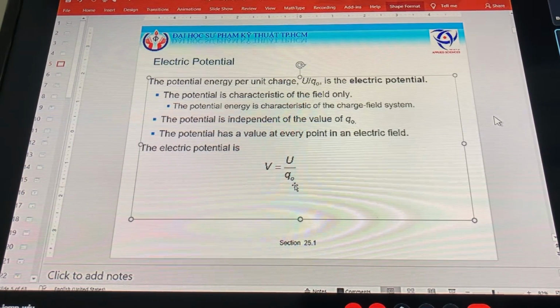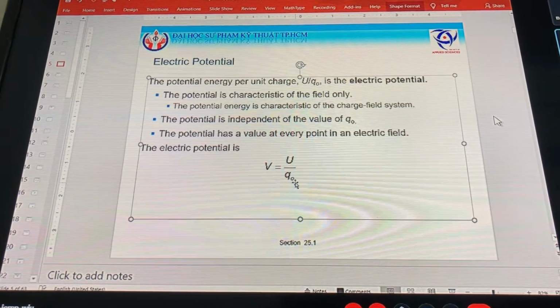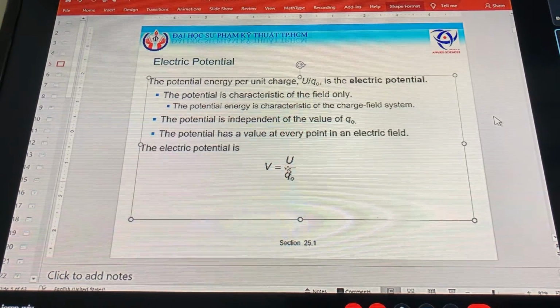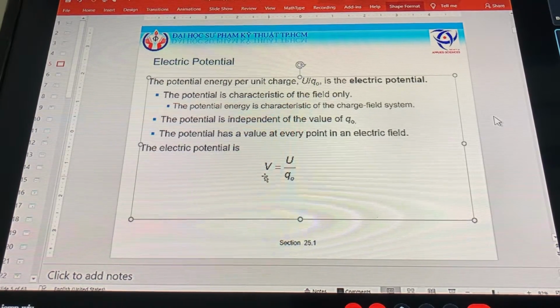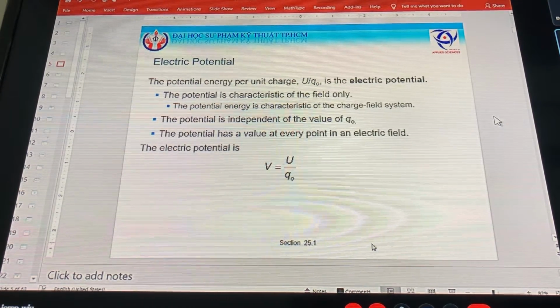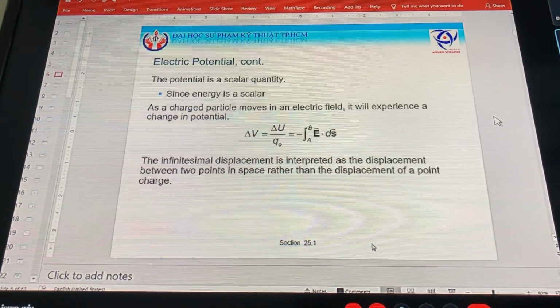So when you have a test charge, you put it in the field. The test charge and the field will have the potential energy of U. Then when you divide the U with the test charge itself, you get the V. Okay, this is only the definition. We can use that later and you can understand that more clearly.